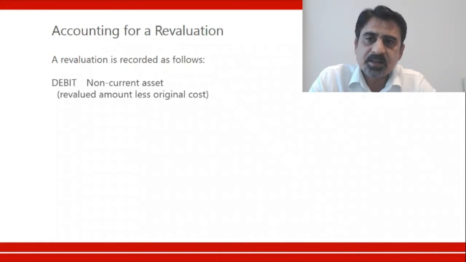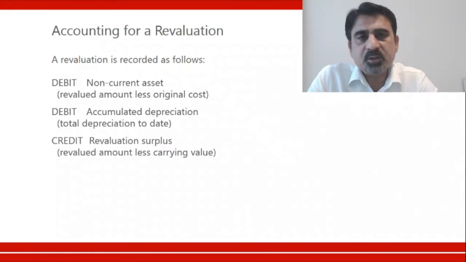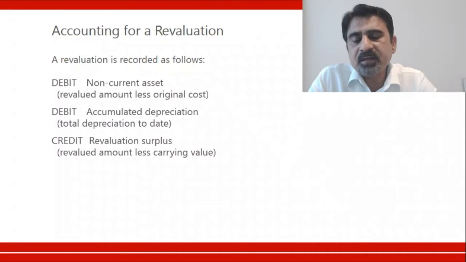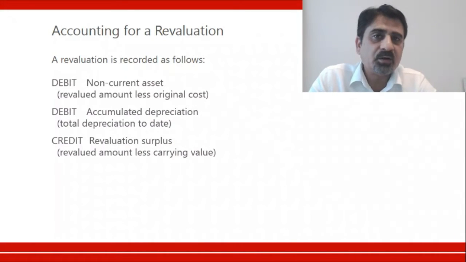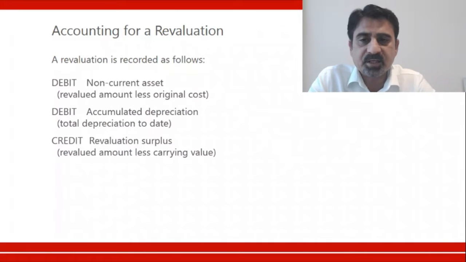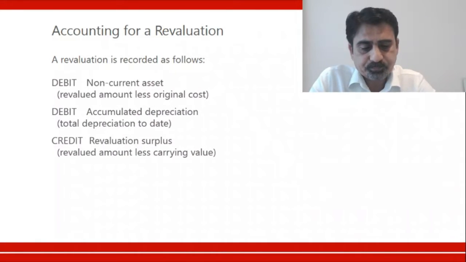Debit non-current asset, debit accumulated depreciation, and credit revaluation surplus. I will explain this double entry in the next slide. Here please remember that this is a very important double entry: debit accumulated depreciation, debit non-current asset, and credit revaluation surplus. Revaluation surplus is that gain in the asset.